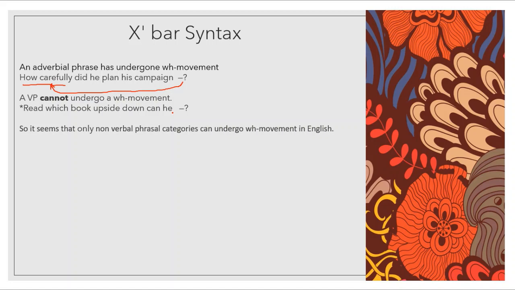This is nonsense. So the sentence is can he read which book upside down. We can't move read because it's ungrammatical. So it seems that only non-verbal phrasal categories can undergo WH movements in English.